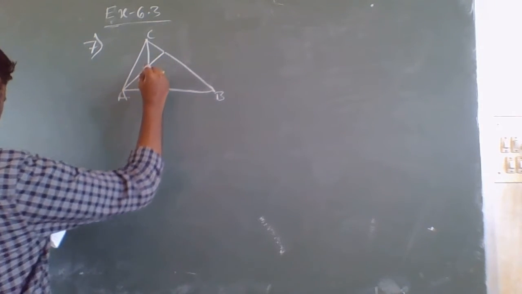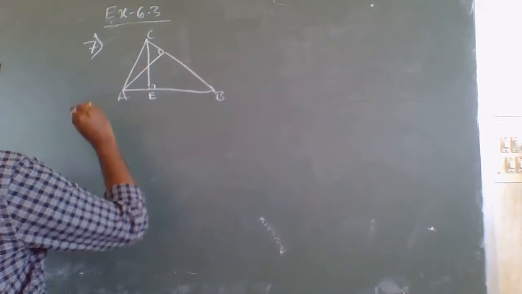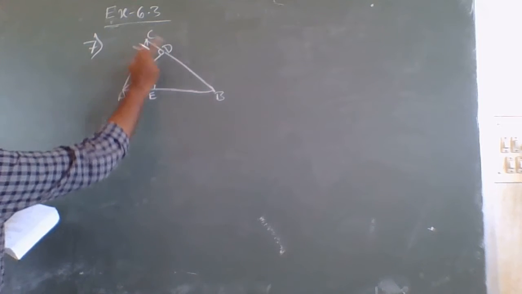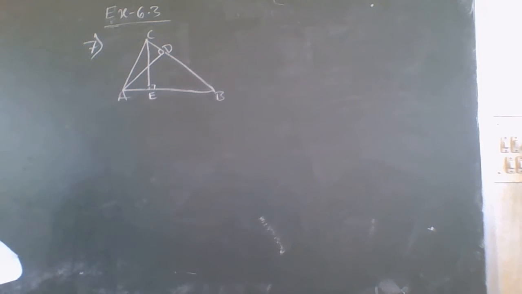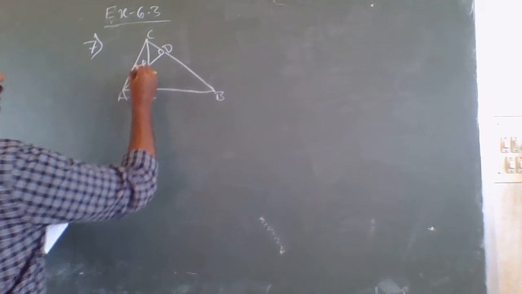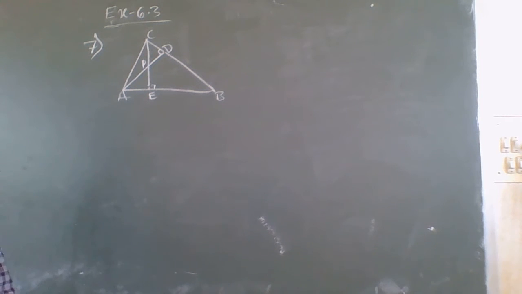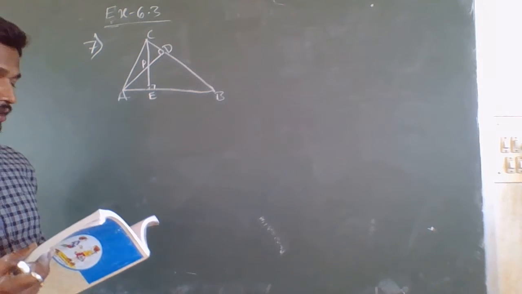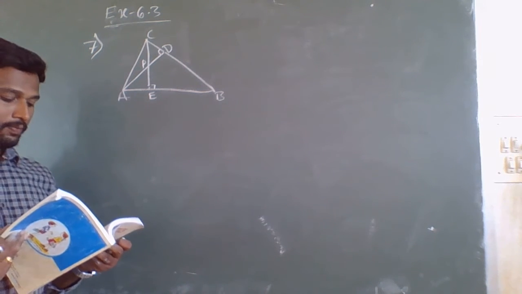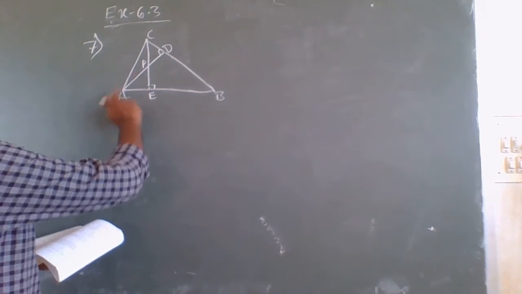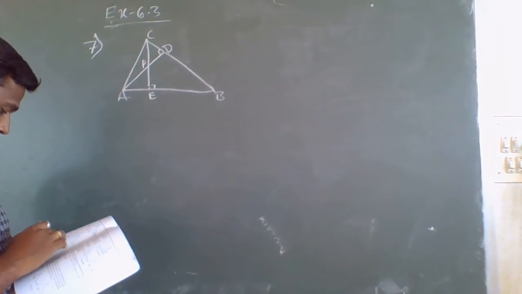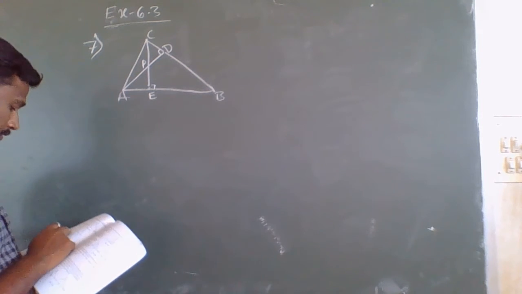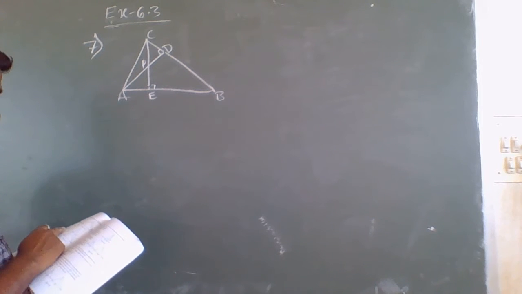And here this AD is also perpendicular to BC, and this is point P. And here what is given? Altitudes AD and CE of triangle ABC intersect each other at point P.